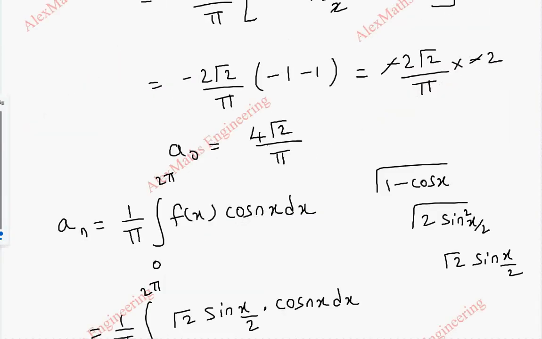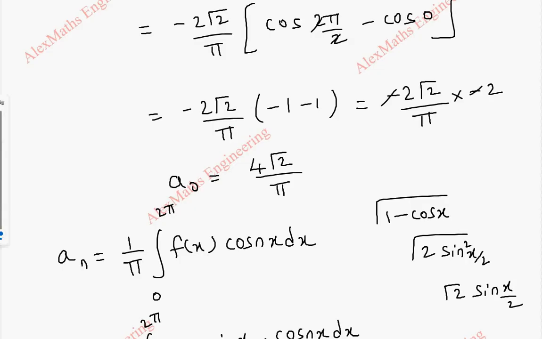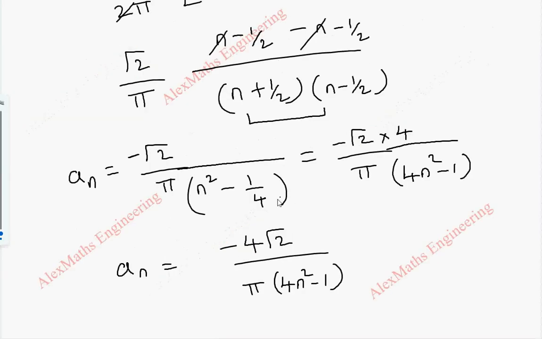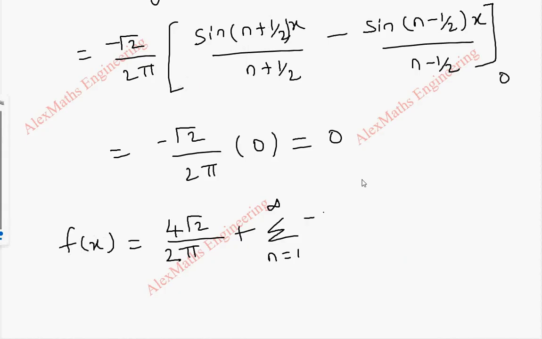So now coming to f of x, first is a0 by 2. The value of a0 is 4 root 2 by pi. So we have 4 root 2 by pi, but it is a0 by 2, so let's put 2 here. Plus summation n equal to 1 to infinity an, we have an which is minus 4 root 2 by pi into 4n square minus 1, that is an into cos nx. And since Bn is 0, the last term will be 0.